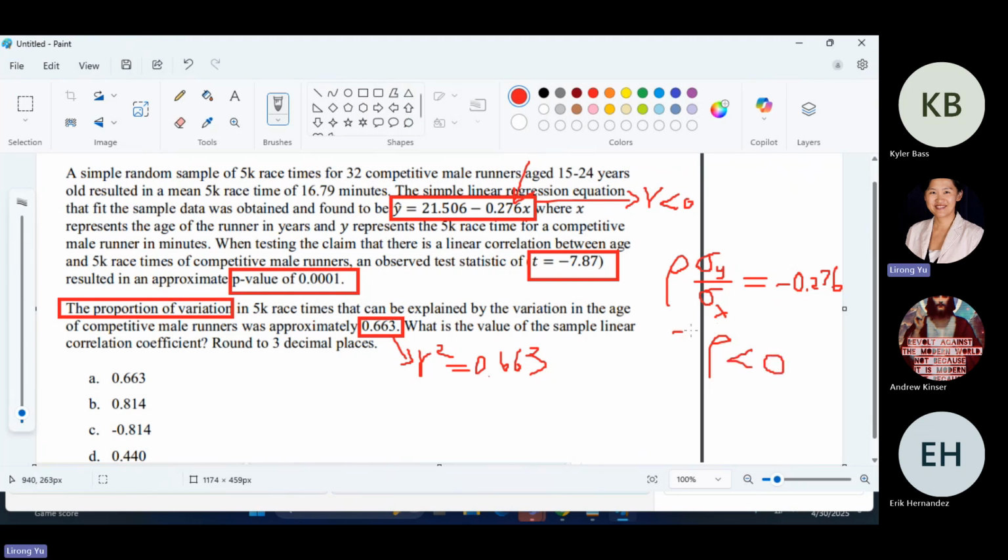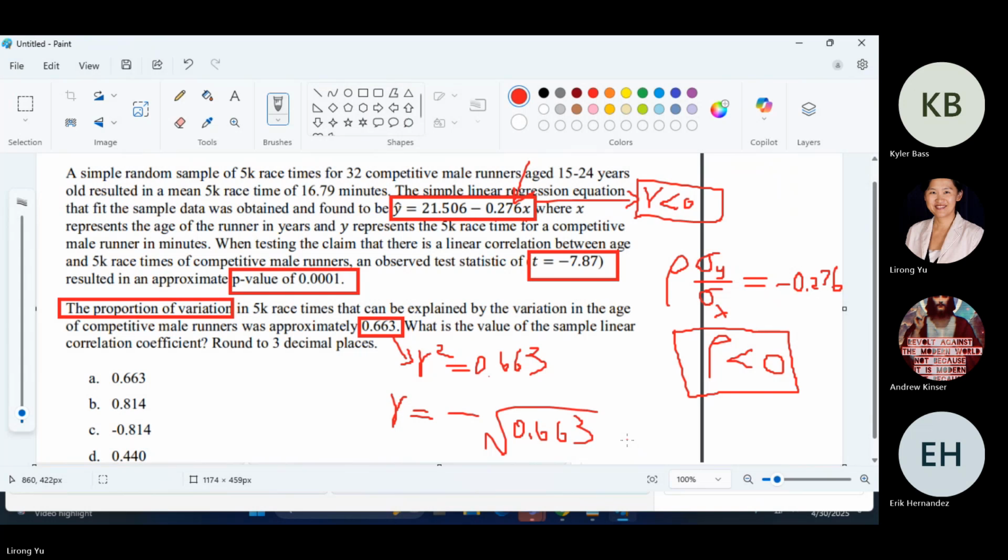In this textbook, we use rho for the correlation, but in most elementary statistics books, we use R for the correlation, but essentially, in this case, R is negative. So the R value, the correlation, would equal the negative square root of 0.663. Right, we'll just explain the logic behind it.